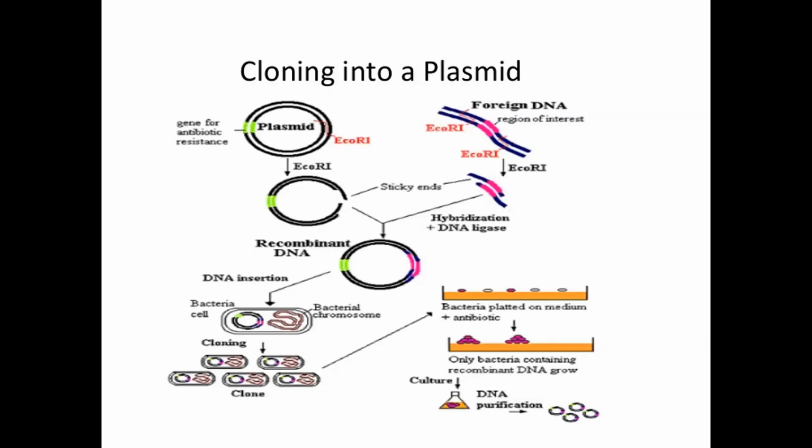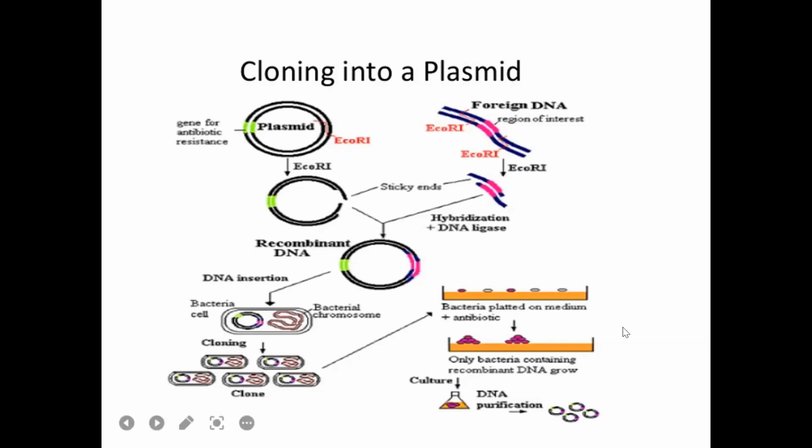Why will the antibiotic not kill the hybrid bacteria or the clones? Because the bacteria which got the new plasmid have a mixture of DNA, a different DNA, so they will not be killed by the antibiotic. The bacteria which don't have rDNA will be killed by the antibiotic.